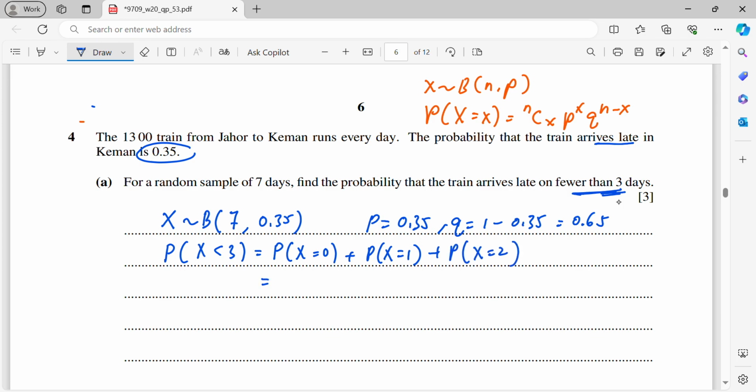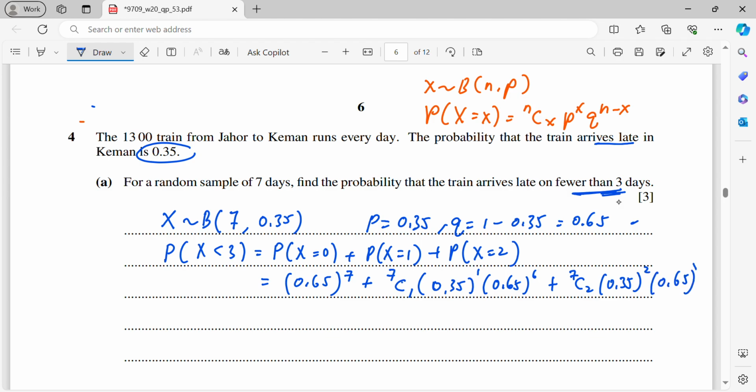So when P(X equals 0) means no late, all punctual, so 0.65 to the power of 7. Then out of 7 days, 1 late, so 7C1, 0.35 to the power 1 and then 0.65 to the power 6, or 7C2, 0.35 to the power 2, then 0.65 to the power 5.